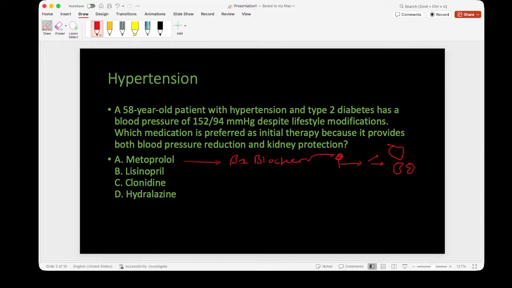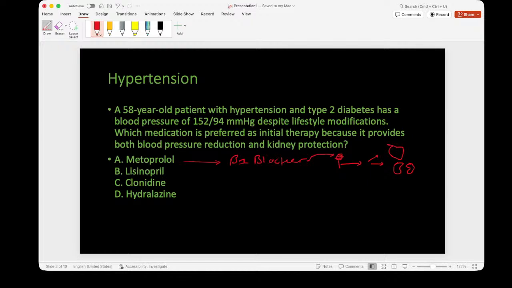The next one here on the list is lisinopril. Lisinopril works in the RAS, which is the renin aldosterone system. Normally when blood pressure gets too low, the kidneys release an enzyme known as renin.